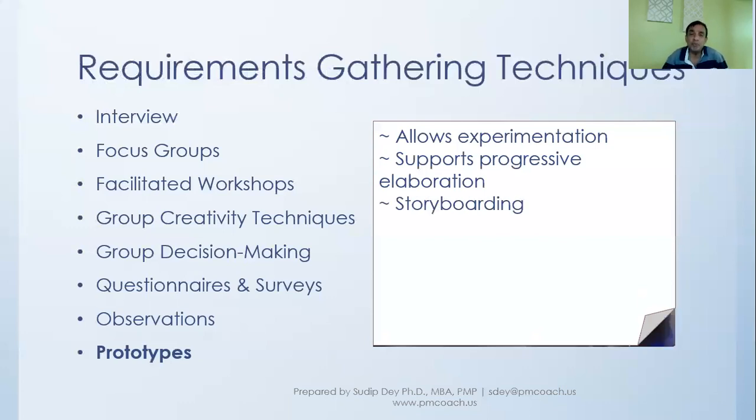And there are different types of prototypes. One is storyboarding. Storyboarding is where you actually put together the story or the flow and help the user, the stakeholder, discover what it is that they really want.